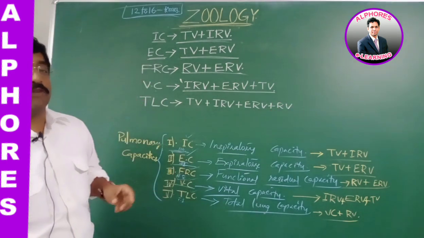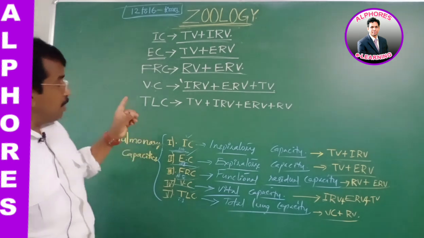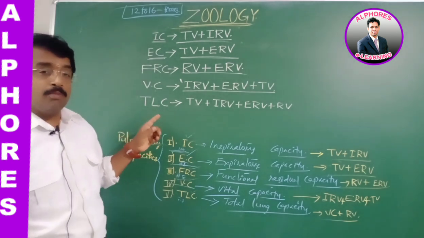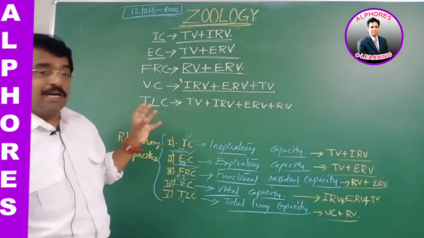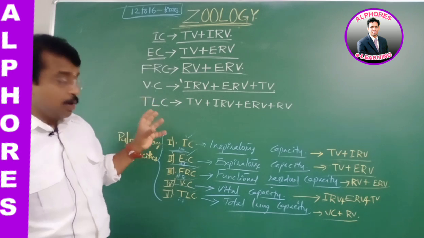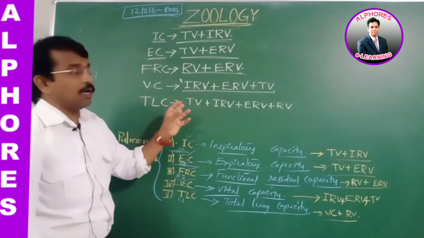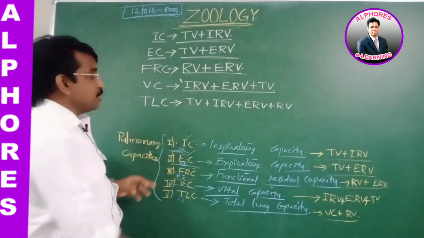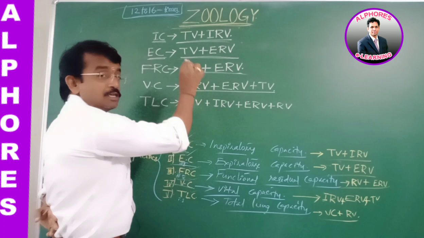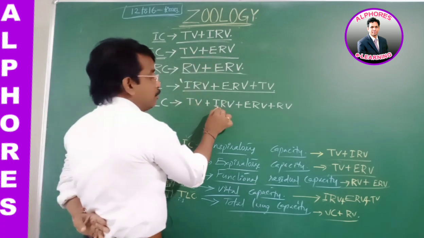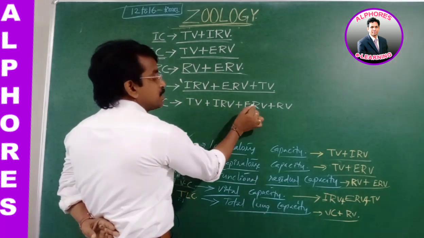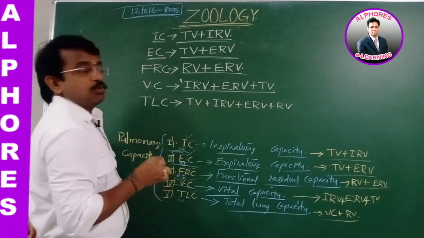In terms of the definition we discussed, it is the volume of air that the lungs can accommodate after forcible inspiration, which in terms of the equation is tidal volume plus inspiratory reserve volume plus expiratory reserve volume plus residual volume.